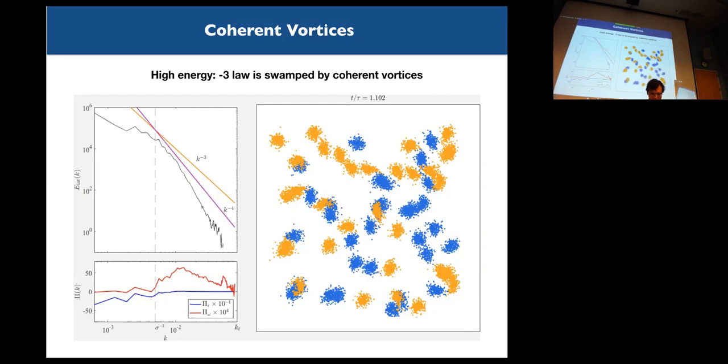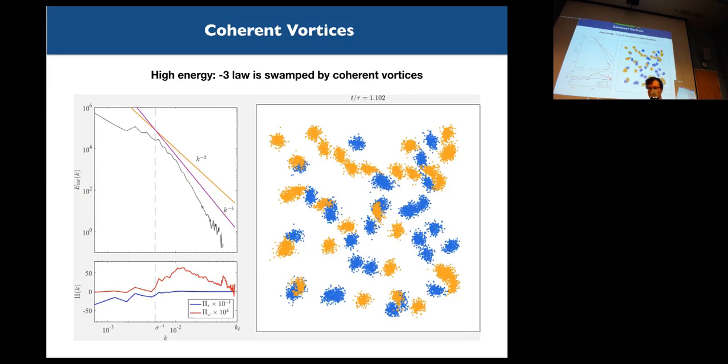Can I ask you about the inverse energy cascade? So if you make the system bigger and bigger, do you think the inverse energy cascade occurs in 2D quantum turbulence? If you said the inverse energy cascade cannot be clearly resolved in 2D quantum turbulence because the system is not big enough.